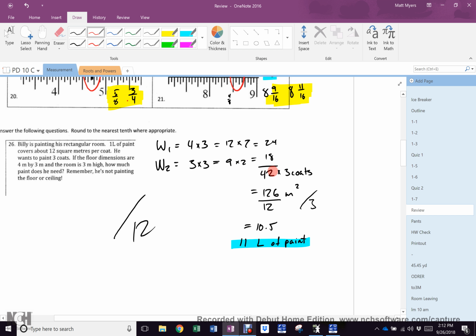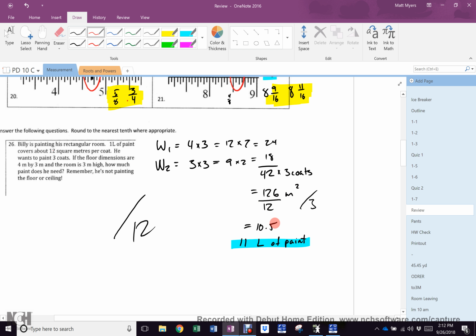But he foolishly painted his room purple when he was a kid and now realizes that he's a grown-up and should paint it a more neutral color. So he had to cover it with 3 coats of paint. So 42 times 3 is 126 meters squared of paint, which he needs. The paint covers 12 square meters, so I divide by 12 to get 10.5.